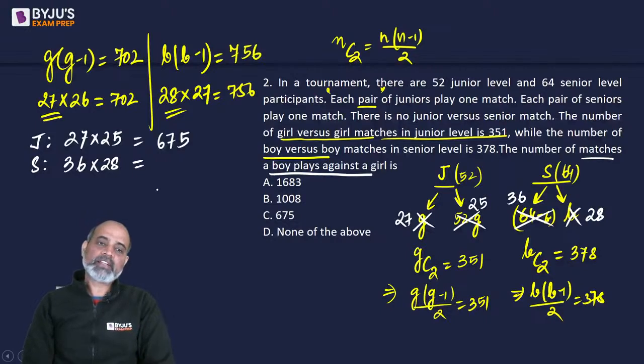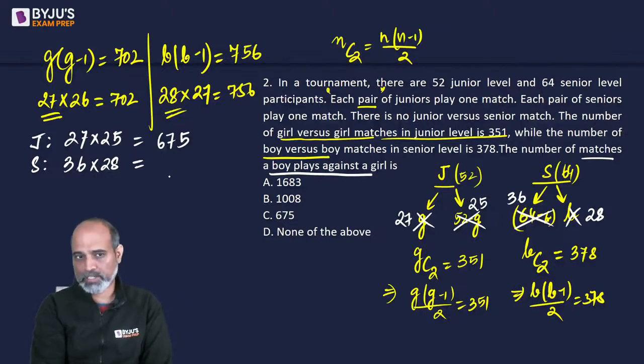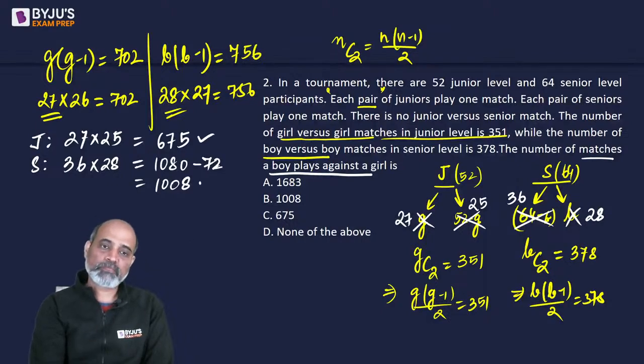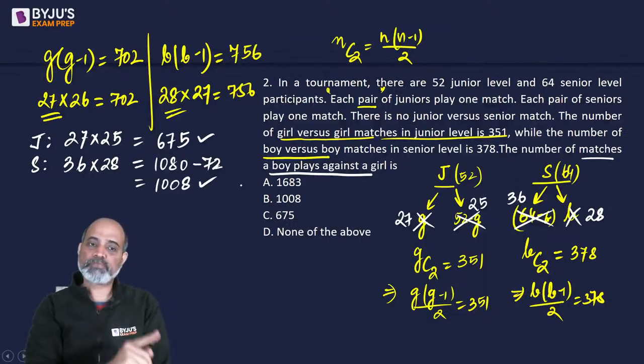So we can treat this as 36 into 30 minus 72, right? 28 is written as 30 minus 2. So 36 into 3 is 108. So 1080 minus 72 will result in 1008. So the total number of matches are going to be 675 plus 1008, which will result in 1683.